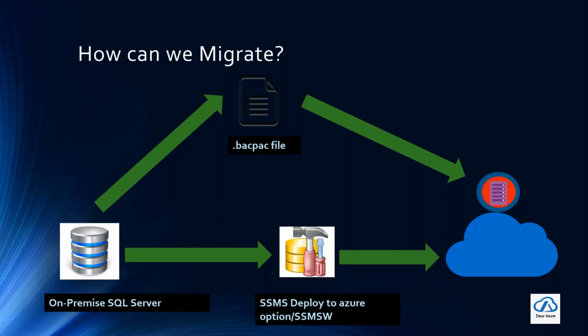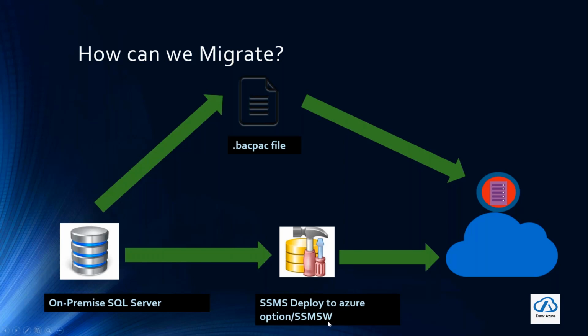With SQL PaaS, we change that to a .bacpac file. You can easily migrate or restore that on the Azure cloud, or you can use the SQL Server Migration Wizard to directly deploy this on the cloud.